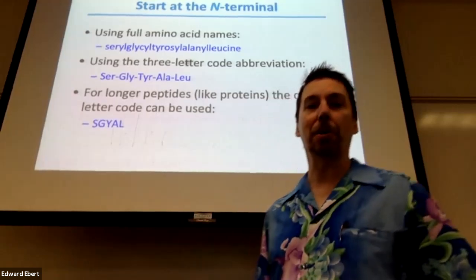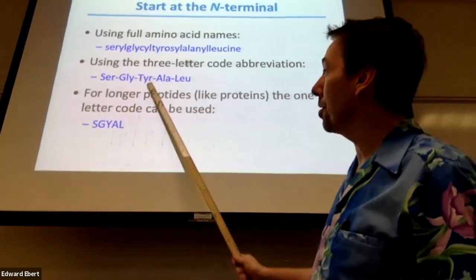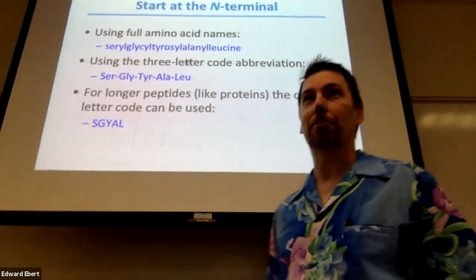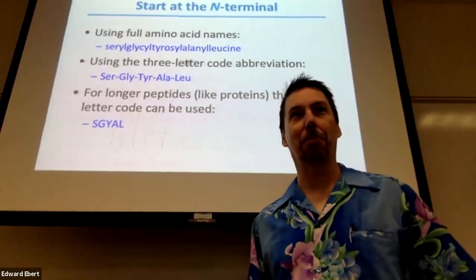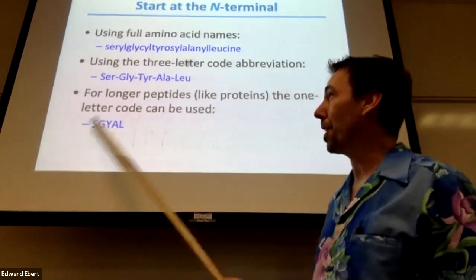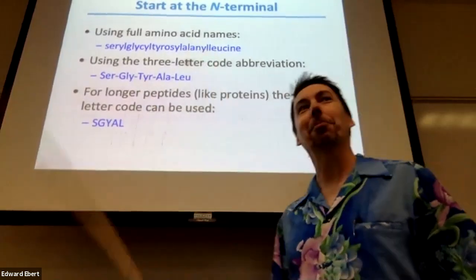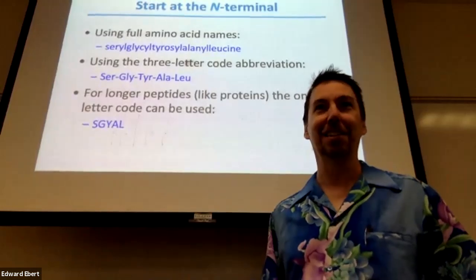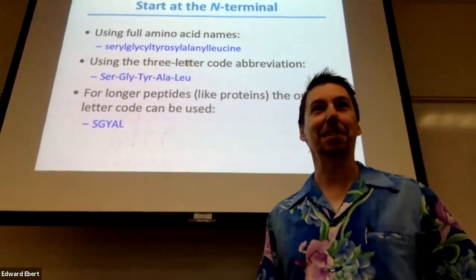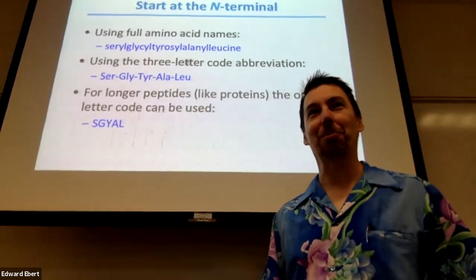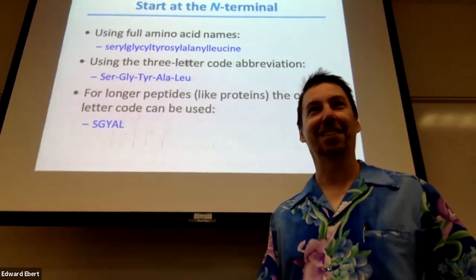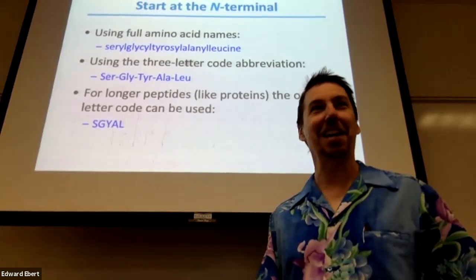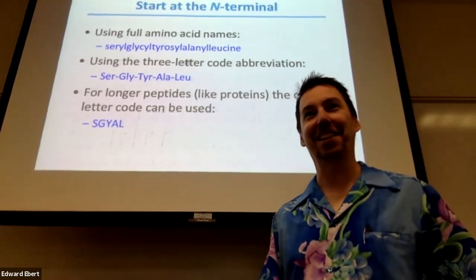I do want to say something about why tyrosine is abbreviated Y. Well, T would be great, right? Except threonine is going to be T. So tyrosine, TY. Why? We'll use the 2nd letter in there, right? So leucine is L. So lysine. Anybody know what the 1-letter abbreviation for lysine is? It's K. Do you know why it's K?